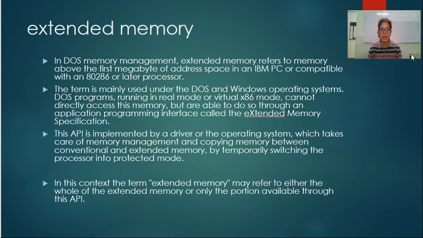This API is implemented by a driver or the operating system, which takes care of memory management and copying memory between the conventional and the extended memory by temporarily switching the processor into protected mode. So it also provides a switching mechanism for how we can switch from one place to another and access the memory.